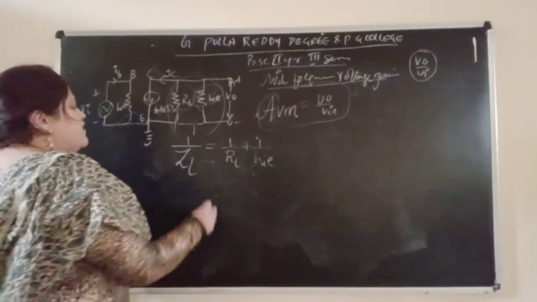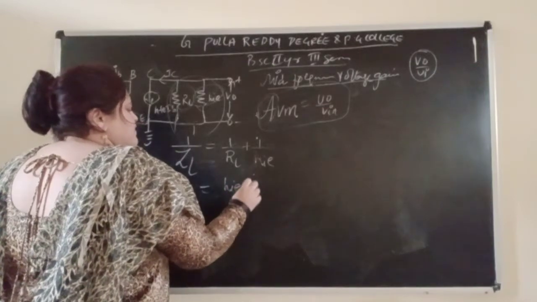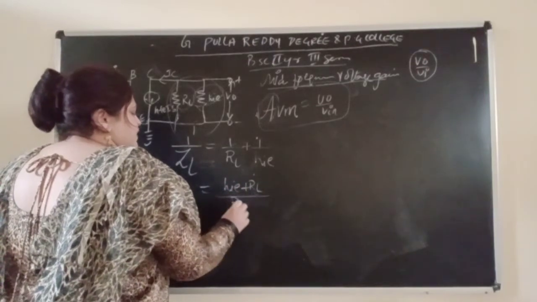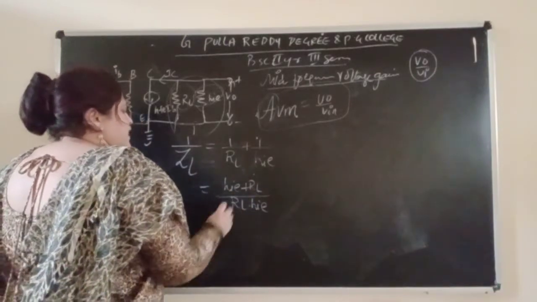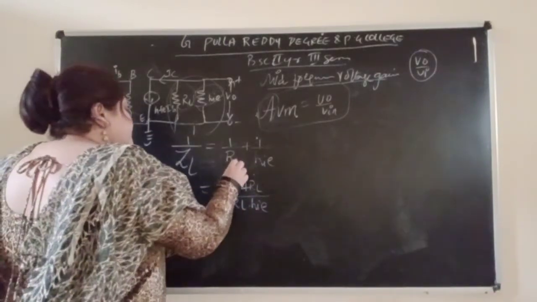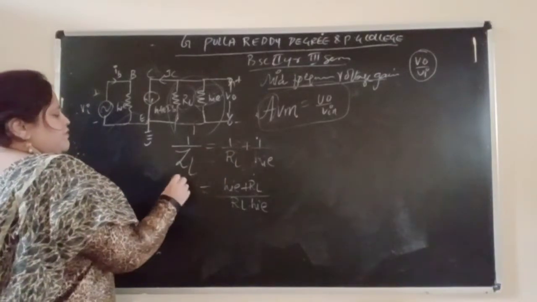Then cross multiply: HIE plus RL by RL into HIE.